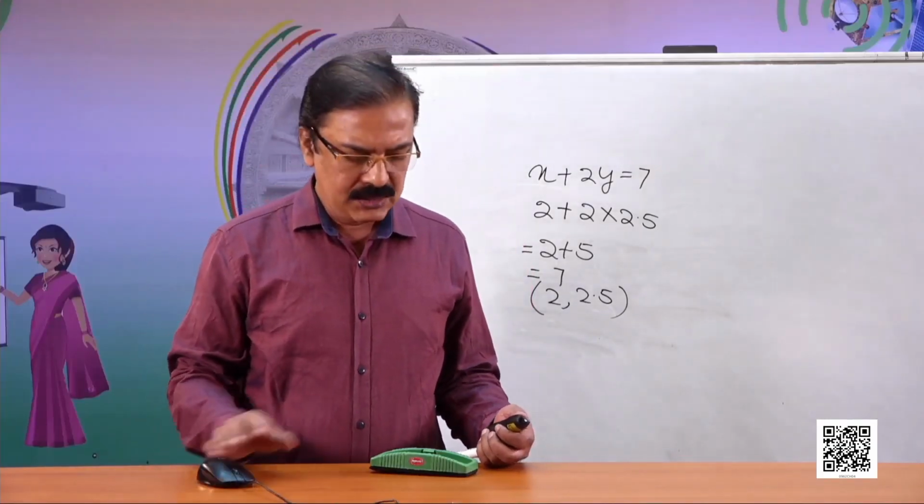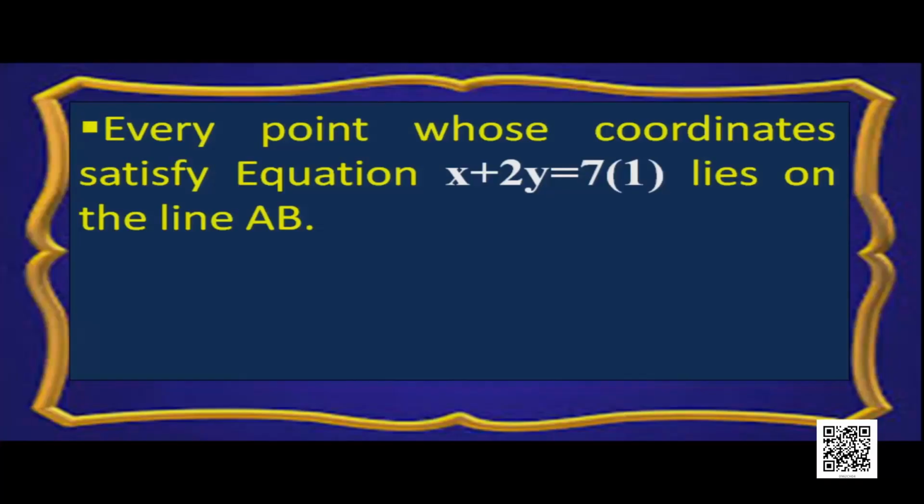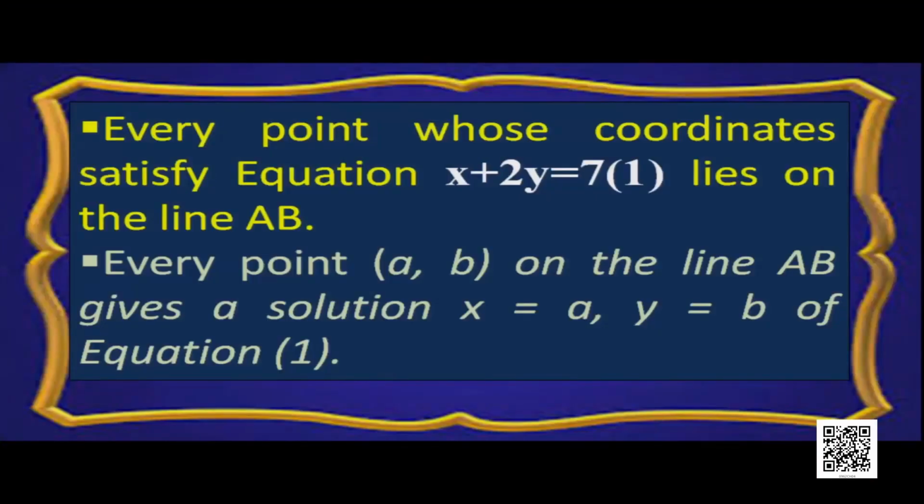From this exercise, what did we get? Every point whose coordinates satisfy the equation x plus 2y equal to 7, that is equation number 1, lies on the line AB. Next, every point (a, b) on the line AB gives a solution x equal to a, y equal to b of equation 1.